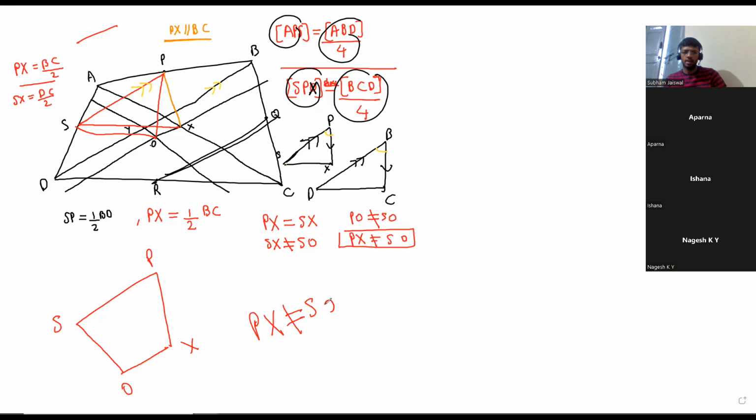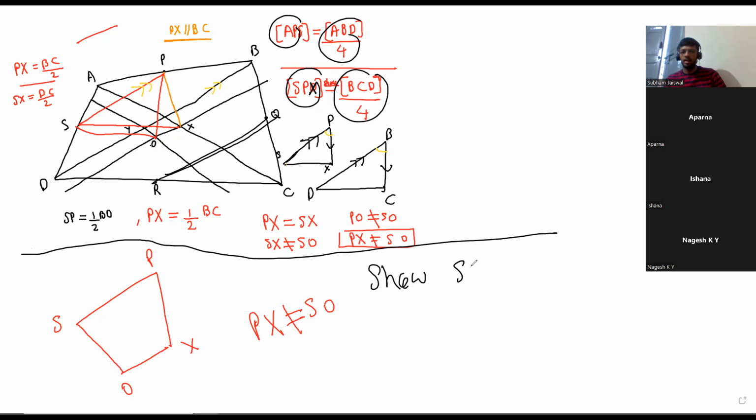We have created that situation. Now the homework is to show that this kind of trapezium cannot be cyclic. Show that SPXO cannot be cyclic.